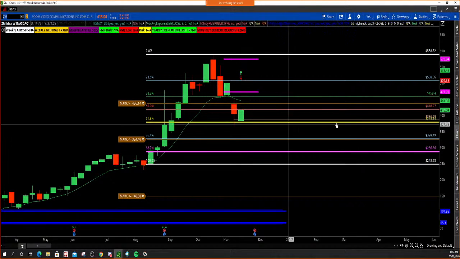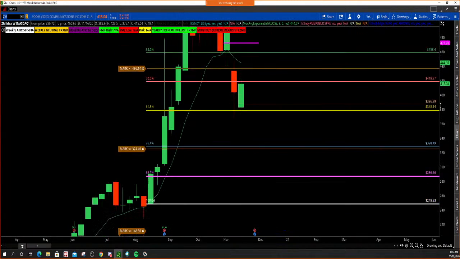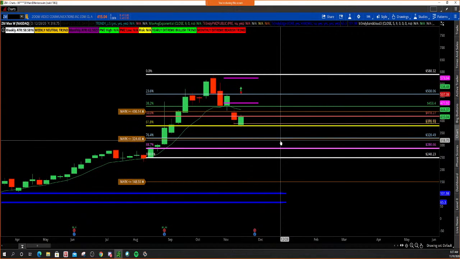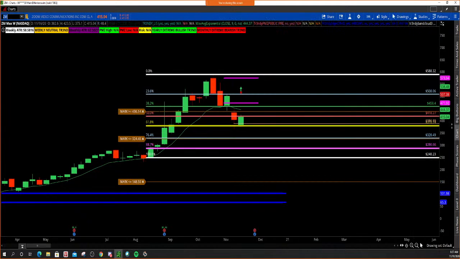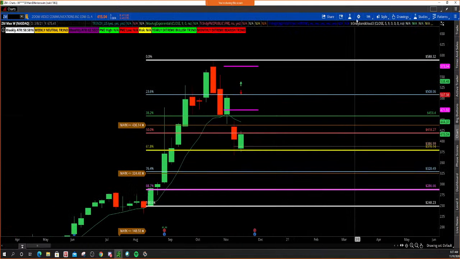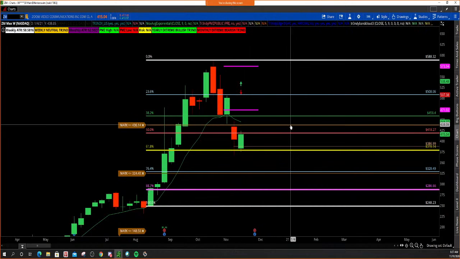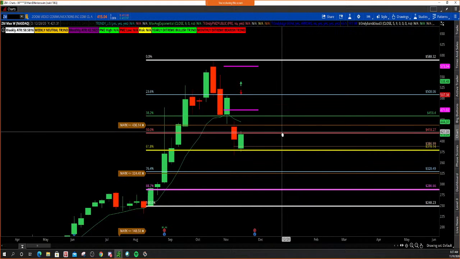It's not until we close under the golden fib, 378, that things start to look bad for ZM. So ZM is still intact. However, the weekly 9 EMA, if we get some bids to come in, and this is why I was shooting for that spread, I would expect it to hit 440 this week. That's what I'm looking for.